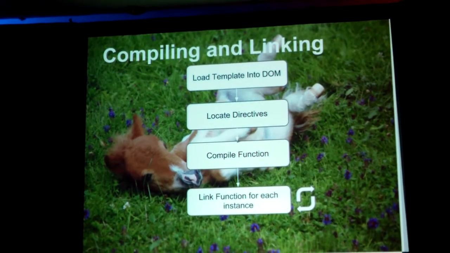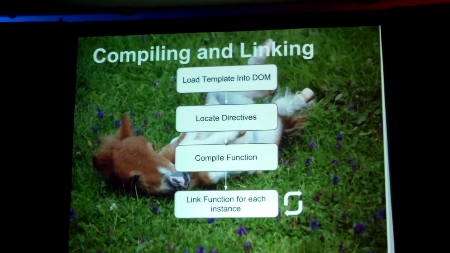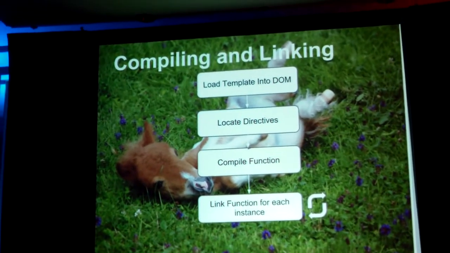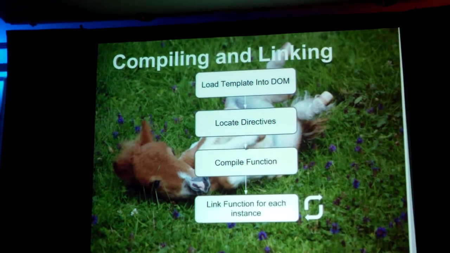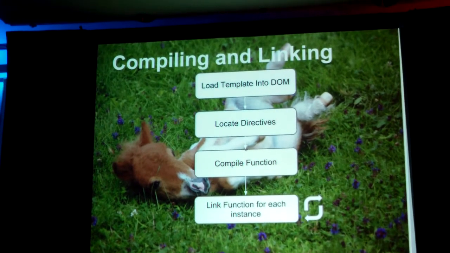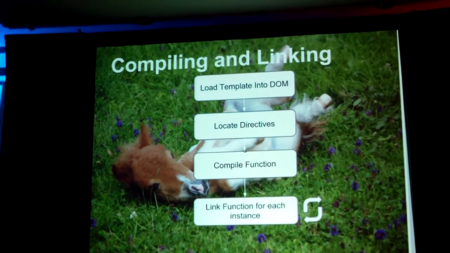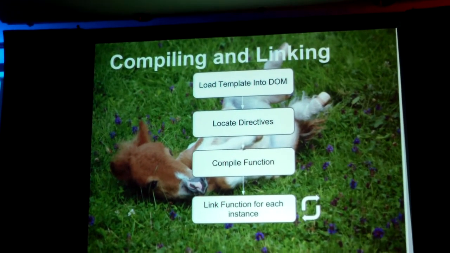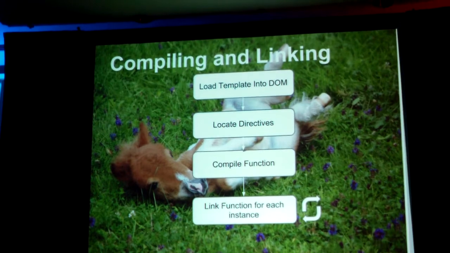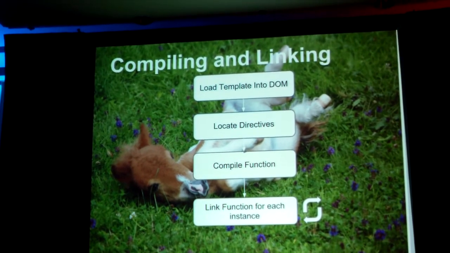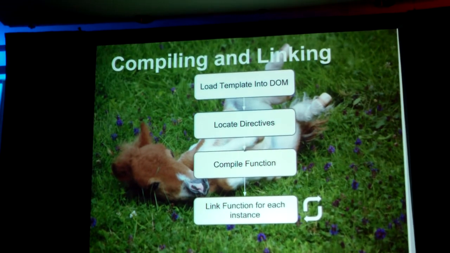So we take your template and we slap it in the DOM, and now we traverse the DOM using the normal mechanisms there, and we try to find the Angular directives in the DOM. And the first time that we locate a directive, be it a custom directive or a built-in directive, we execute the compile function.